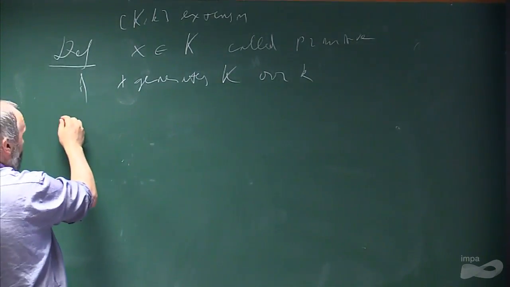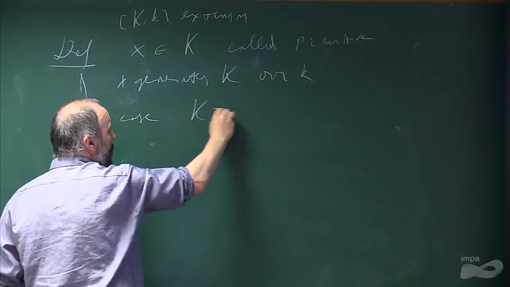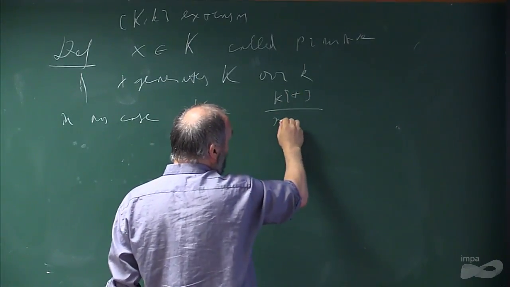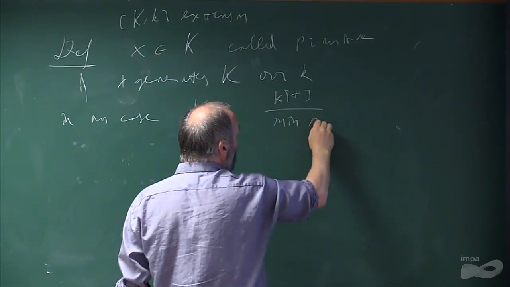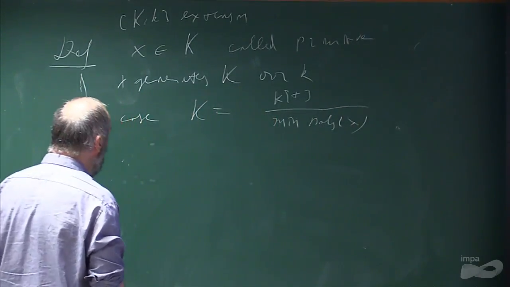And in this case, K big is a polynomial ring quotient by the minimal polynomial. This is called a primitive extension.